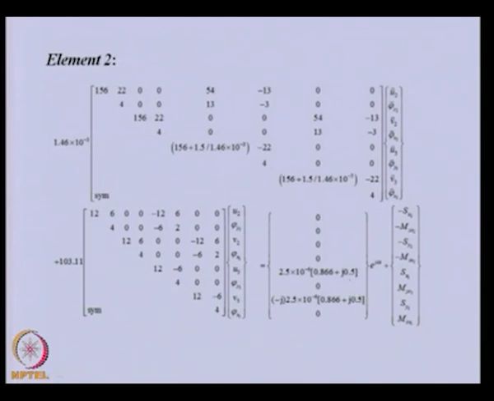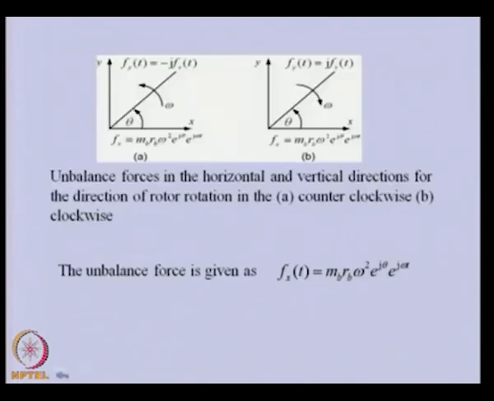Let us see how we have introduced this. Basically, unbalanced force is m_b, mass of unbalance, into radius, omega square, the phase of that, and e^(j omega t). This is the frequency, because it is rotating with the speed of the shaft.